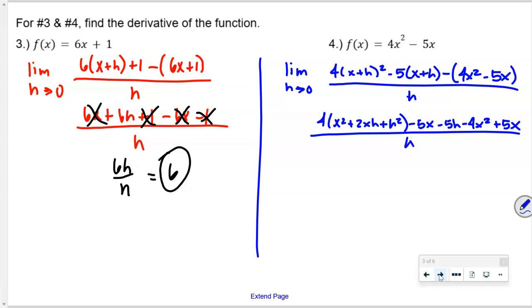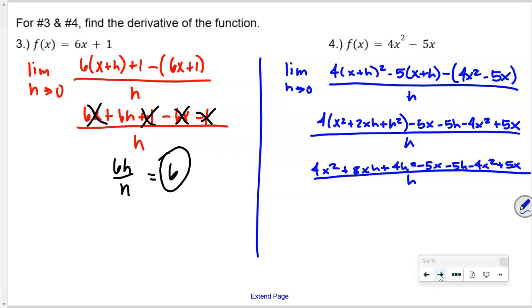Now I'm just going to multiply 4 times all this stuff. 4x squared plus 8xh plus 4h squared minus 5x minus 5h minus 4x squared plus 5x, all of this over our h.